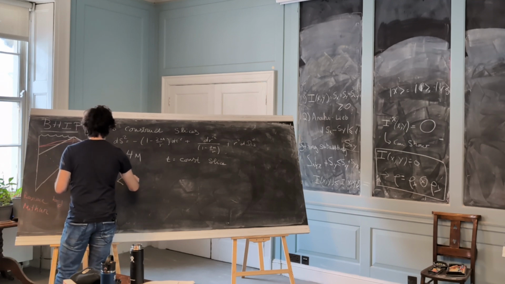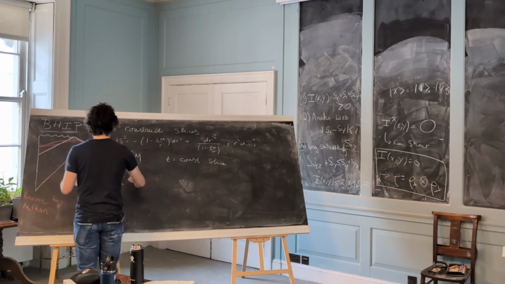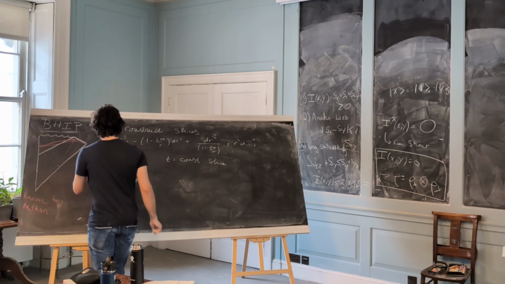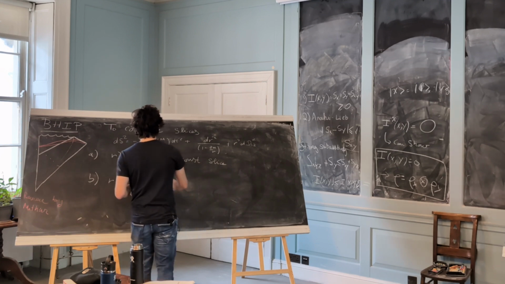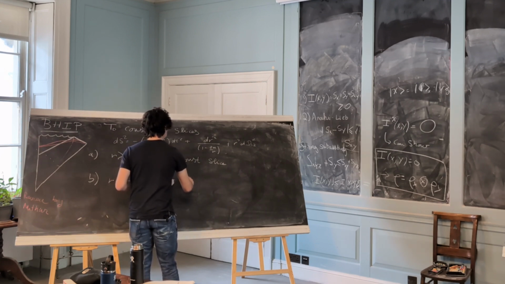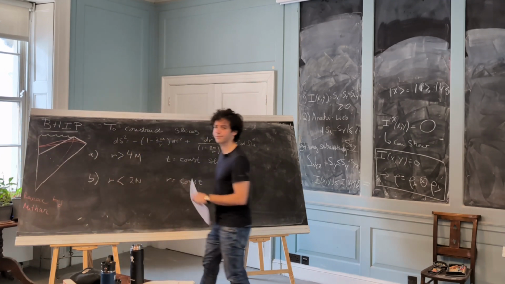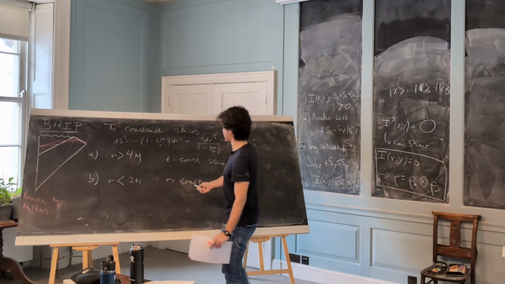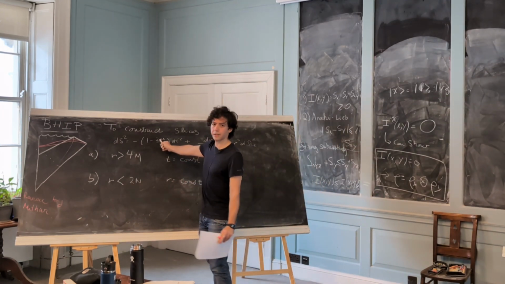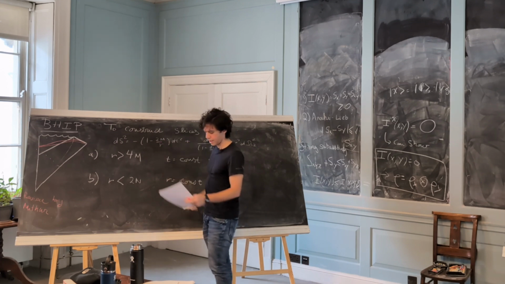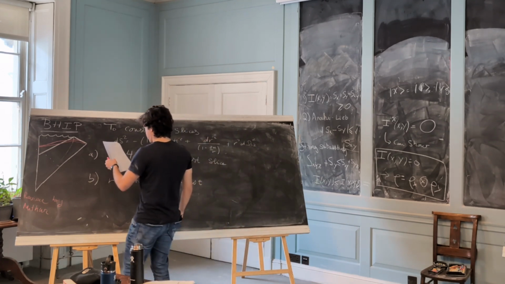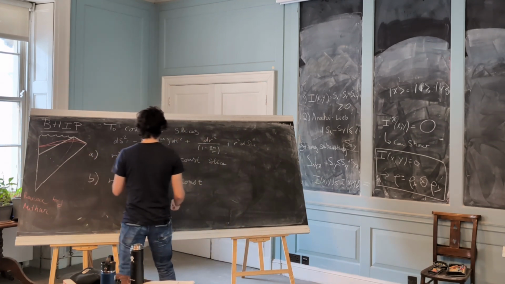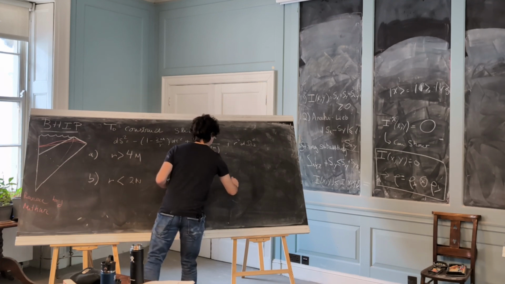Now, for R less than 2m, we're going to take R equals constant. R equals constant is space-like for R less than 2m, and so T is in particular not constant.